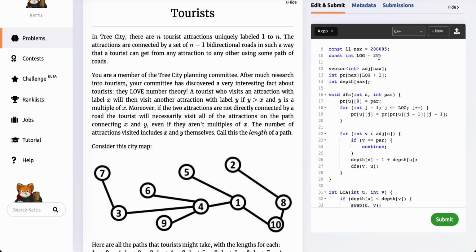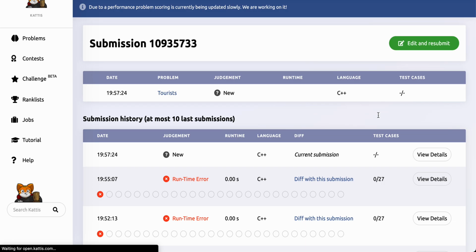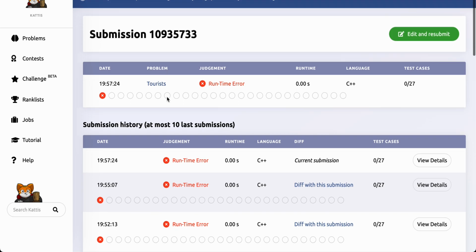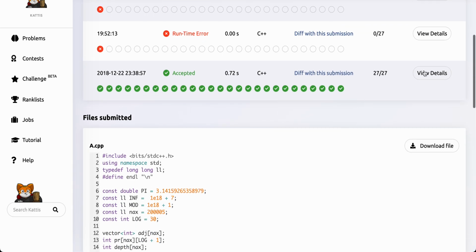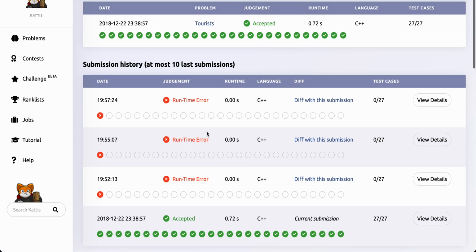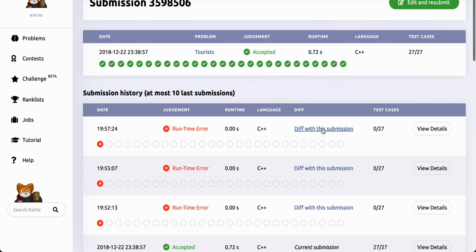Is my log value less? I'll make it 30. But I don't think that is the problem, because it's the first test case only. Performance problem, the solving is currently being updated slowly. What's the issue? Okay, let's see the diff with this solution.